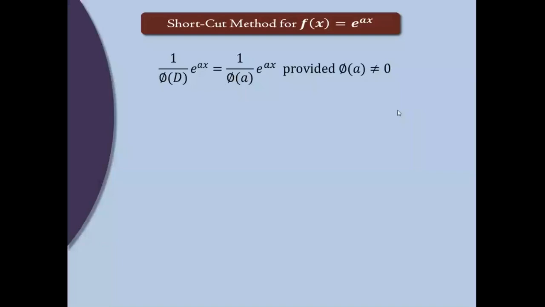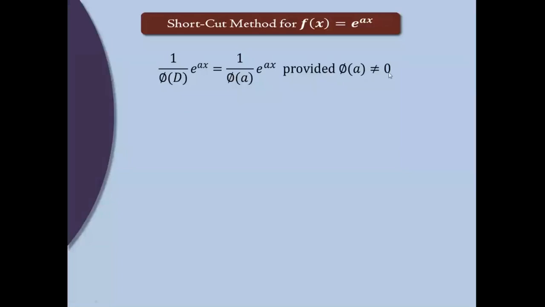Wherever there is a D, replace it by a. It becomes 1 upon phi of a e raised to ax. The only thing we have to remember here is that phi of a should be a non-zero term. It is very easy, no integration, nothing. It is very simple. Only thing is we have to do the replacement.